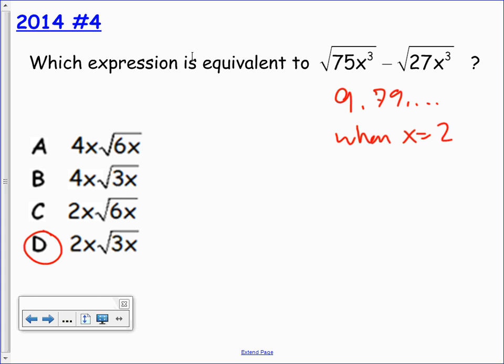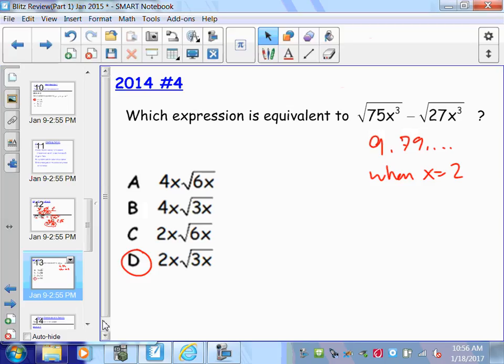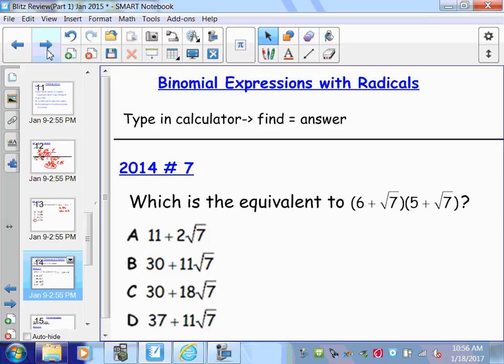Here we go. Same thing for radicals. Type that into the calculator and find the answer that's equivalent, without having to write down anything other than the answer so you can remember, but it's on the calculator. What was the decimal answer for this thing?